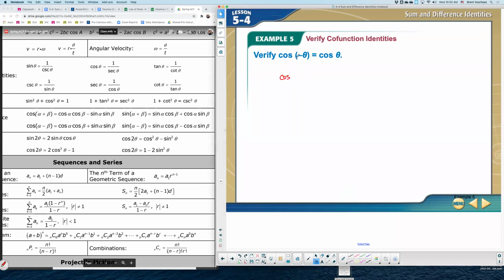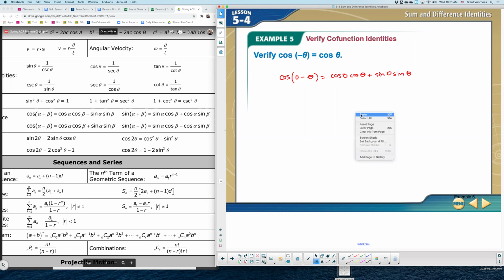cosine of negative theta being the same thing as 0 degrees, or just 0 in radians, minus theta, like a difference. If we did that and I look over at my formulas, what I find is the cosine of 0, I'll use radians, cosine of 0 times the cosine of theta plus sine of 0 times sine of theta.